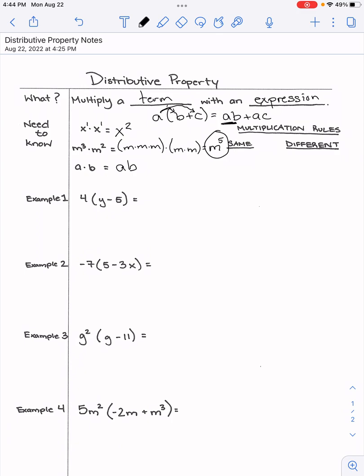All right, and then getting on to multiplication rules, something that we've done in integer operations is when we multiply the same sign, a positive times a positive is a positive, and a negative times a negative is also positive. So pretty much when we multiply two terms and they're both the same sign, it is a positive.